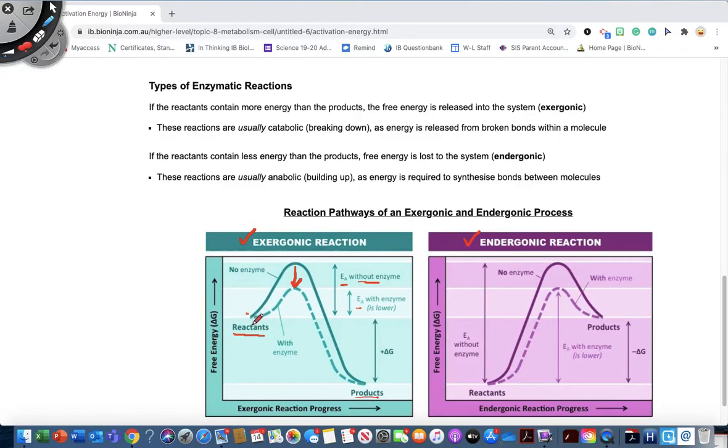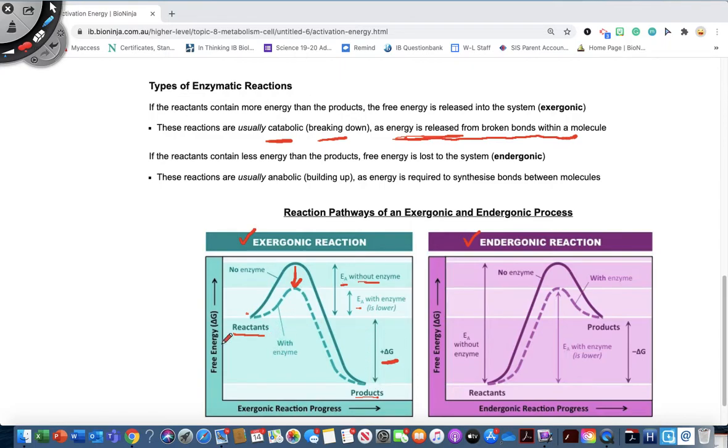Now, look at what's happening in this catabolic reaction. So it's catabolic because the reactants here are breaking down. And when they break down, what happens? Energy is released from the broken bonds. So this delta G here is positive because now energy is being released from the broken bonds of the reactants.